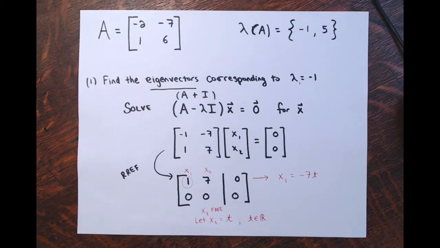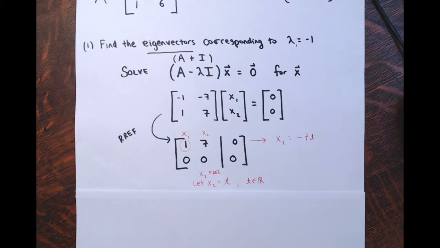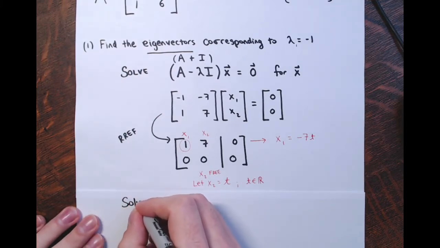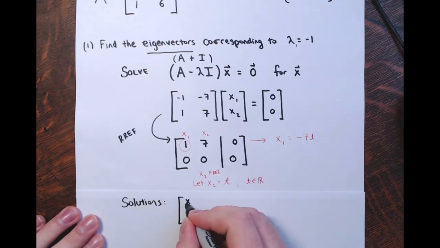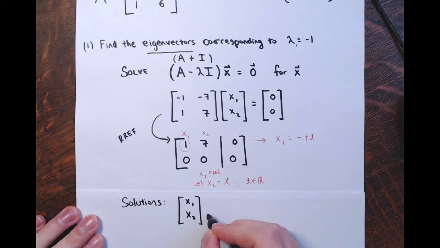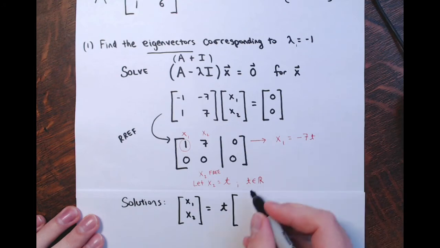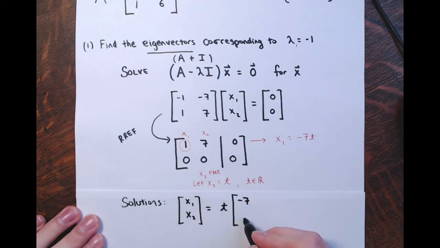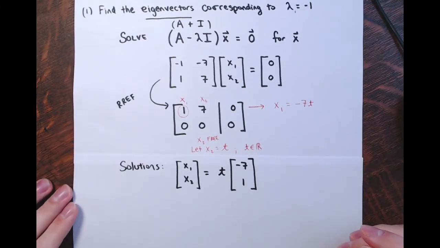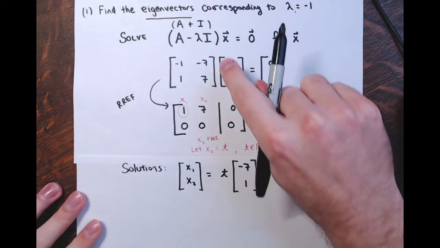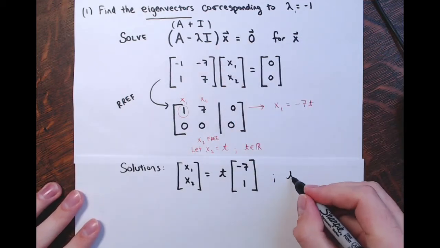So the solutions to this equation, A plus I times x equals 0, are the following. We have our vectors x1, x2 are just t times -7, 1. Okay, so again, this describes every solution to this, where t is any real number.